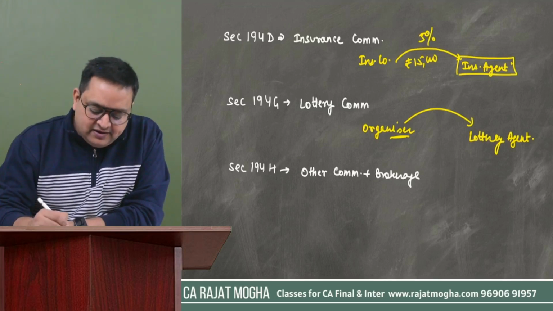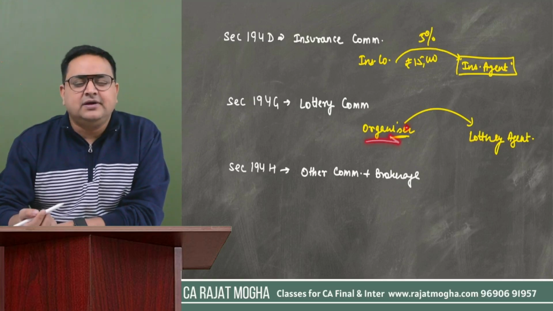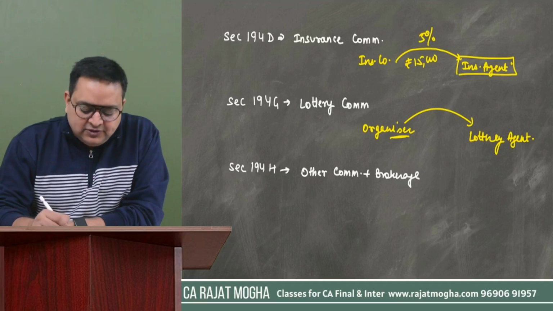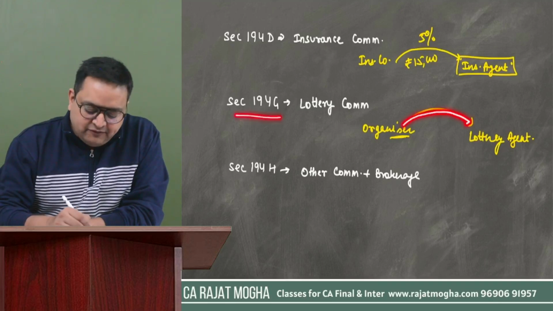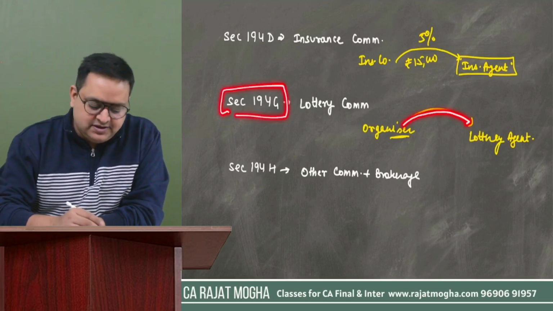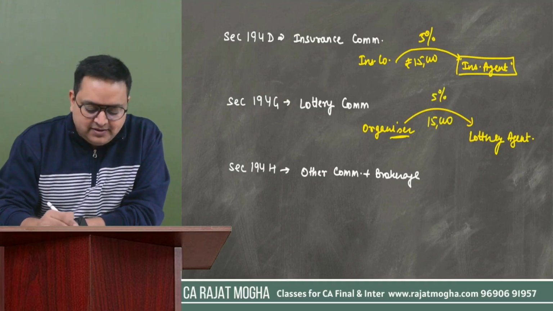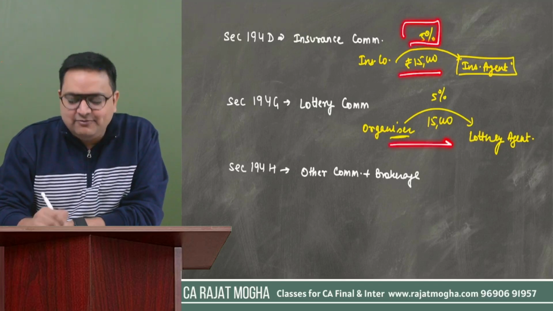The organizer could be a state government also, because in some states state governments run these lotteries. Whenever these organizers pay lottery commission to their lottery agents, 194G will come into the picture. The rate of TDS is 5% and the threshold limit is 15,000. Same over here.